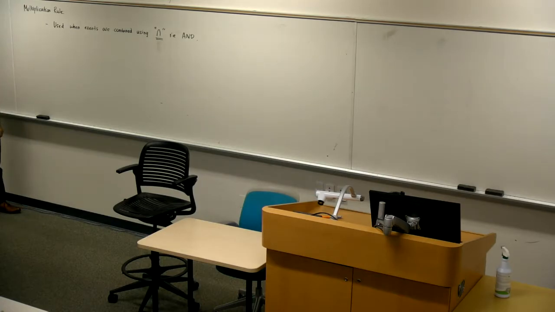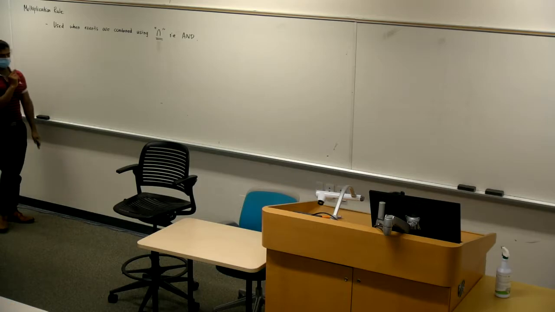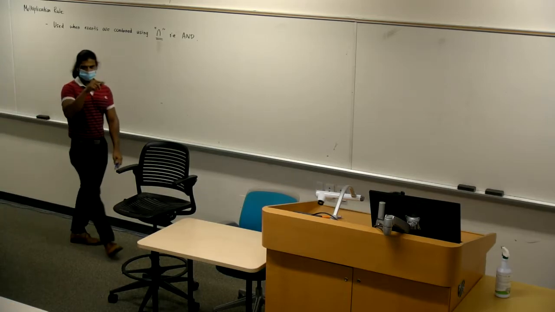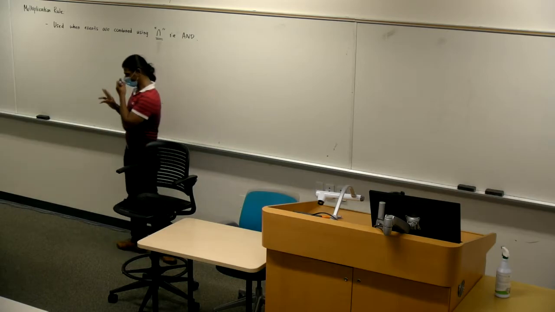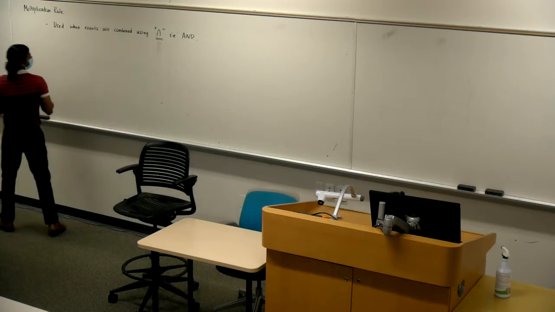So naturally you may say, well, I could have used the multiplication rule in the previous problem. We cannot use it in the previous problem when we had C and P. And I'll tell you why.